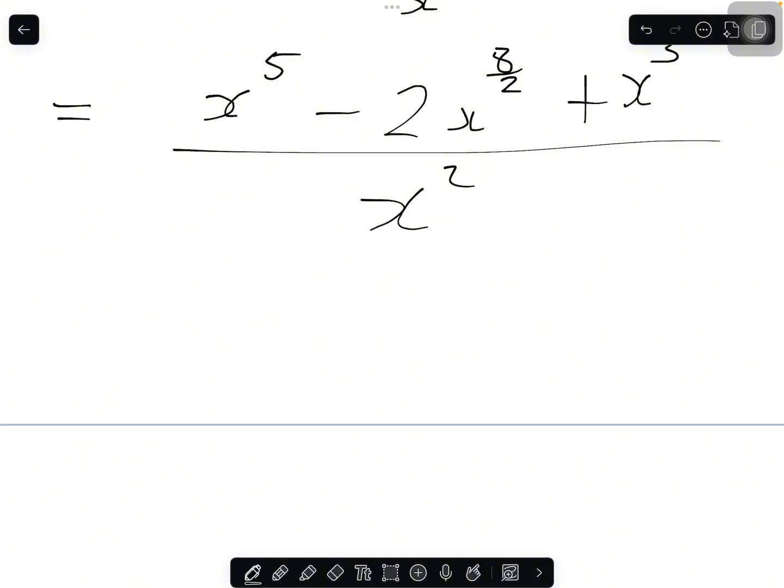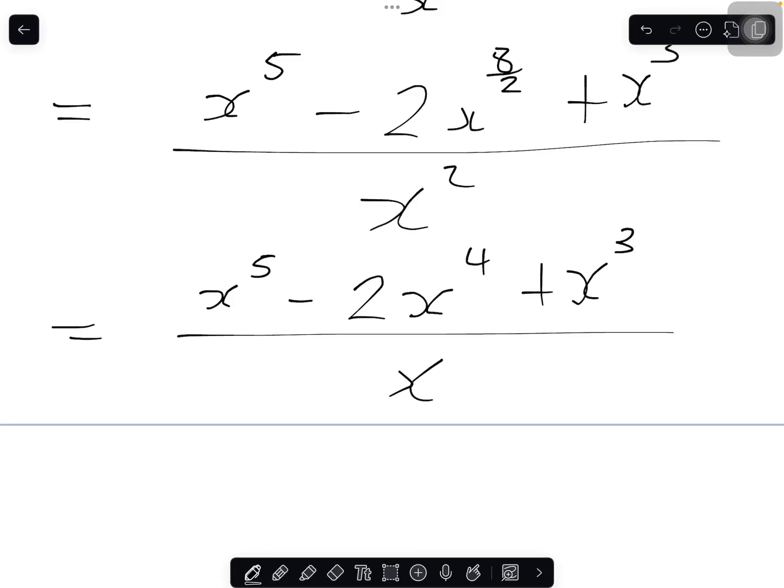I'm then going to get x to the 5 minus 2x to the 4 plus x to the 3 over this x squared.